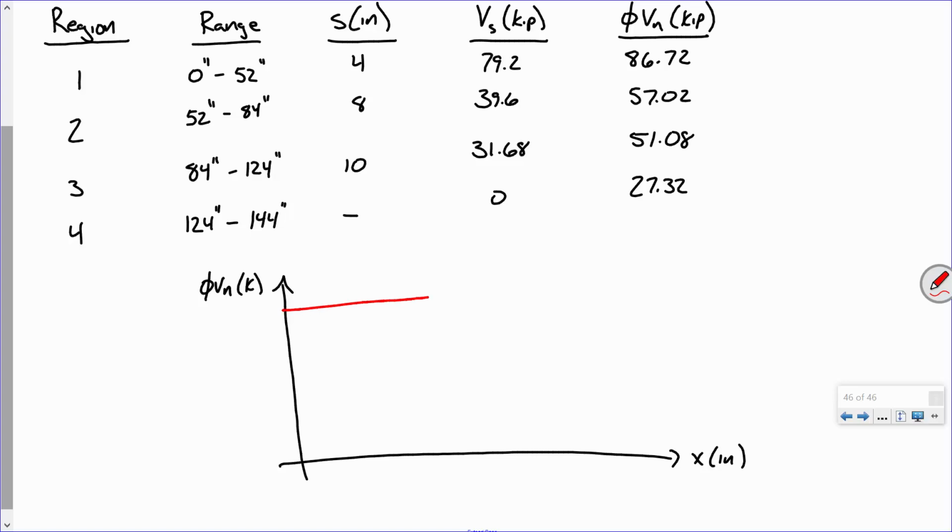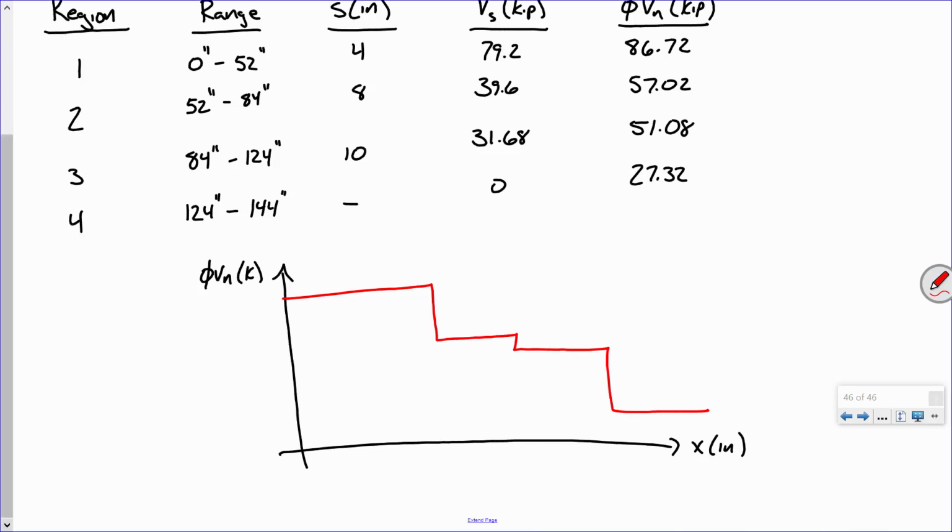From 0 to 52, I'd have a value. And then from 52 to 84, I'd have a value. From 84 to 124, I'd have a value. And then a value. Does that make sense? Everybody okay with that? All right. Can I go ahead and go to the next slide? Because I want to show you something.